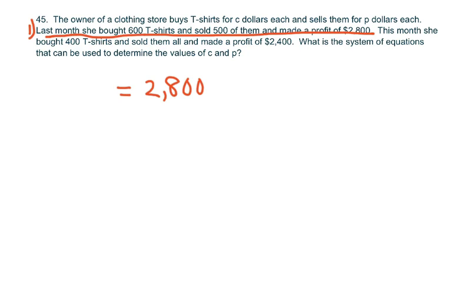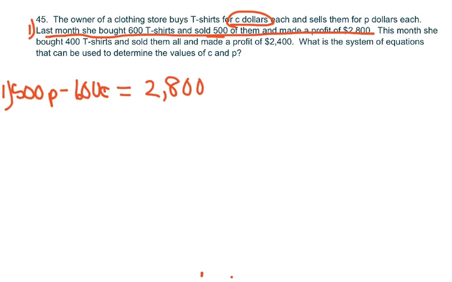That means it's going to be a minus. Let me get the paper. So she bought this, and that's for C dollars. So that's minus 600 C. But she sold 500 of them. That's your profit. Okay? So that's the first equation.